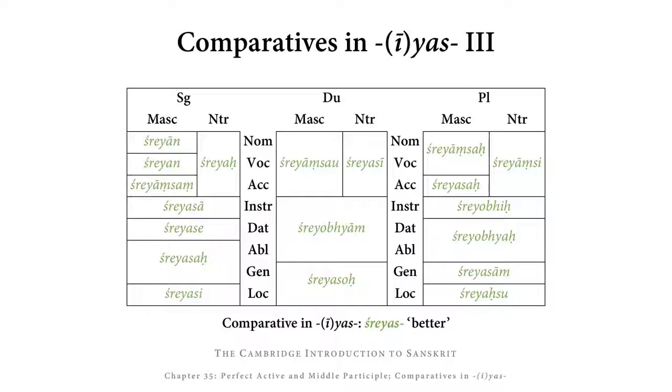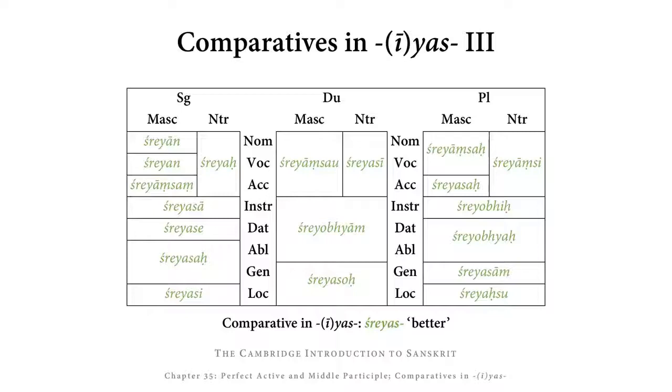So we have shreyansi. Then the weak cases are, as always, the same for both masculine and neuter. So in the singular, we have the weak stem shreyas, plus our well-known endings a, e, ah, i. So shreyasa, shreyase, shreyasah, shreyasah, shreyasi. Then in the dual, we have shreyobhyam and shreyasoh.